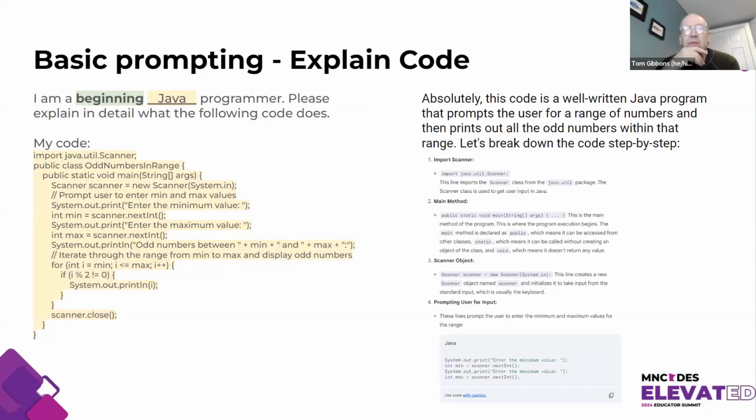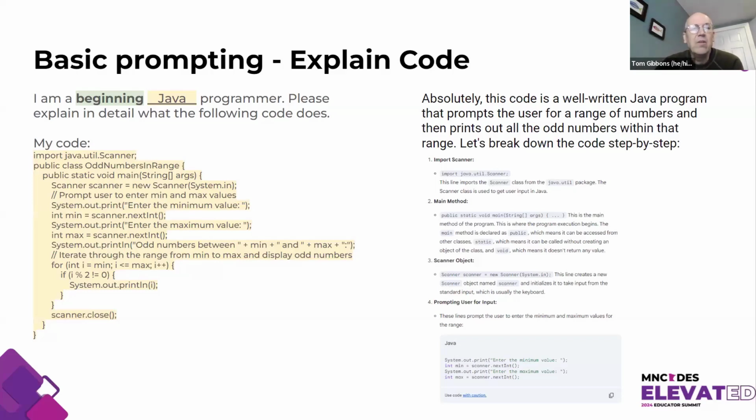The other thing we work with students a lot on is having them understand code or explain code to us. The common prompt is, I'm a beginning Java programmer or Python programmer, whatever environment you have. Please explain the details of the following code. And then you can paste in some code. This is very helpful if there's an example in the book or online, or some they've gone over in class and they just don't understand it.